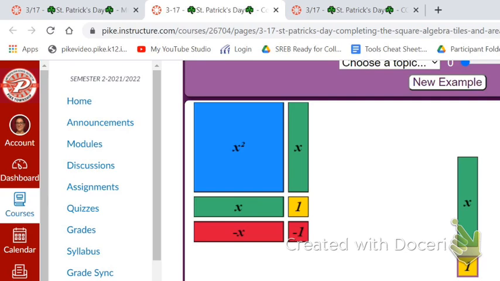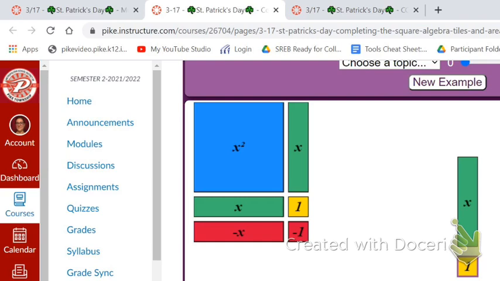So what would the length and the width be on this if I multiply those and I get x squared? It would just be x. I'm going to have an x here and an x here, because when I multiply the length and the width together, I get x squared. That's the space inside. Does that make sense?